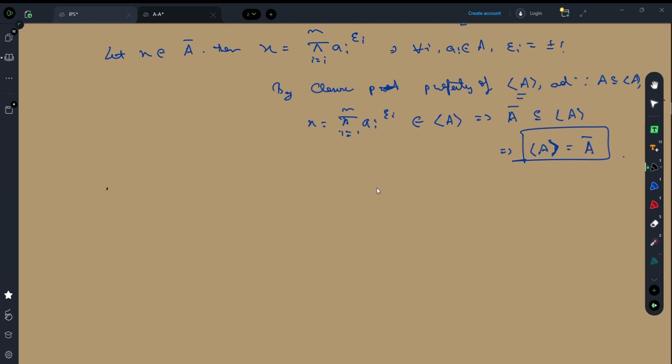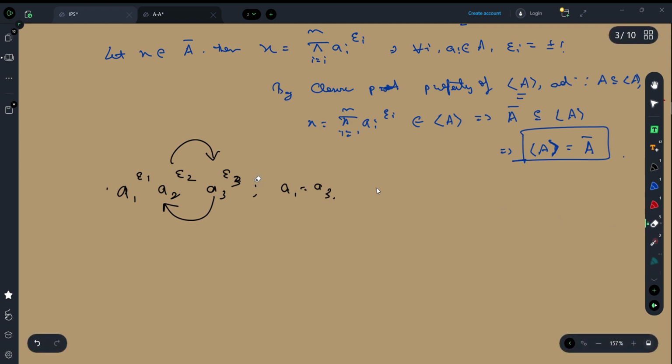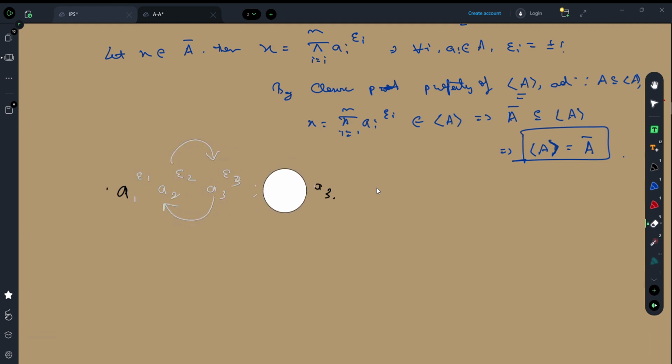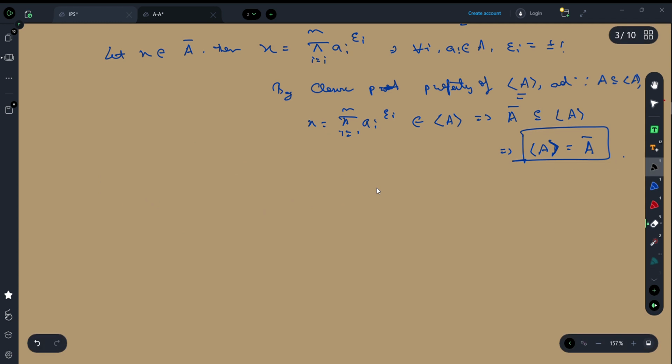What I'm trying to say is, suppose you have an element of this form. First thing first, elements which are powers of a will obviously commute. Powers of every element commute by the law of exponents. So if the product is of the form a_1^epsilon_1, a_2^epsilon_2, a_3^epsilon_3, and we get that a_1 equals a_3, obviously I can bring it here and bring this here by commutativity.